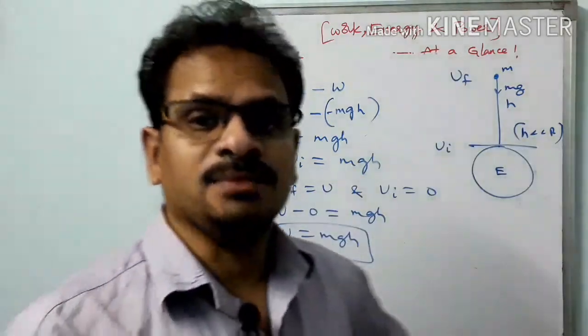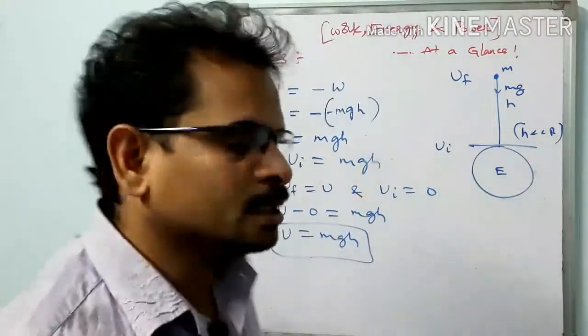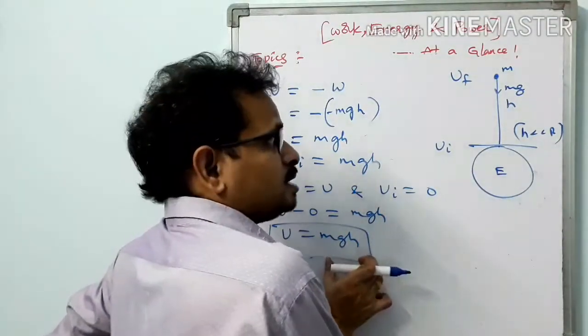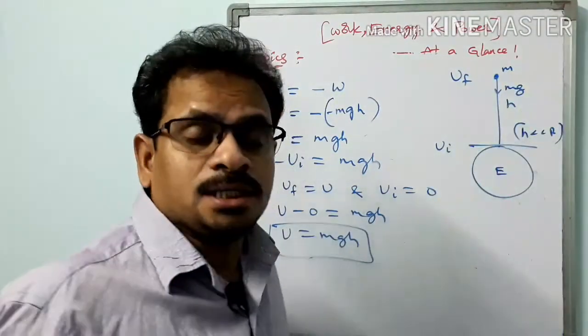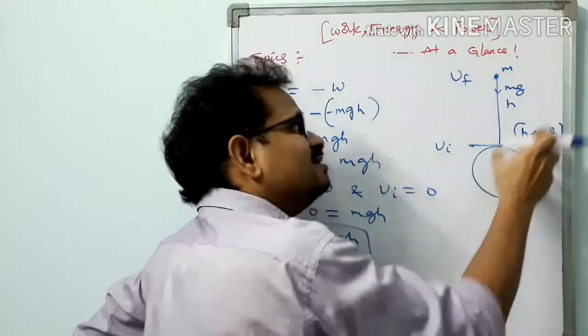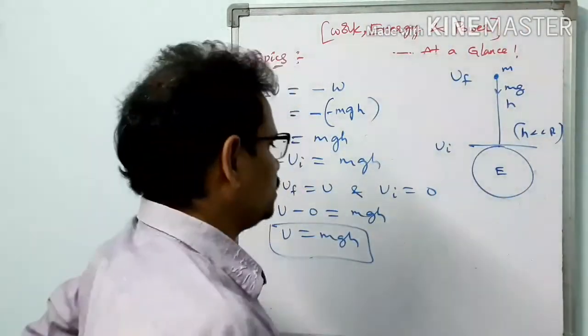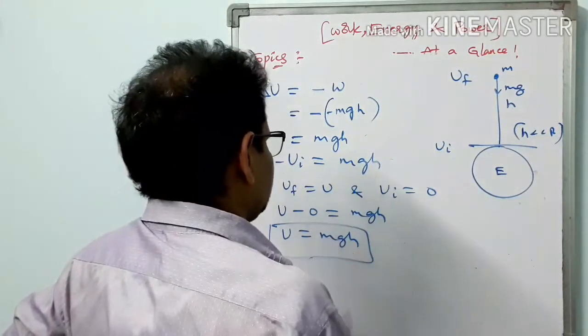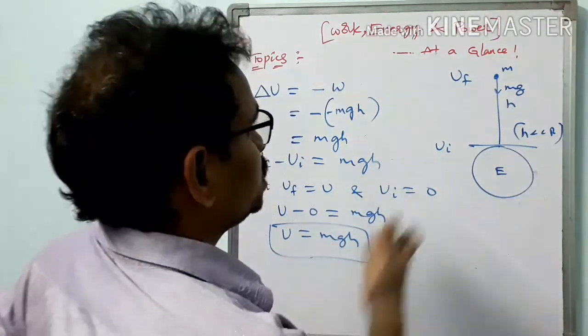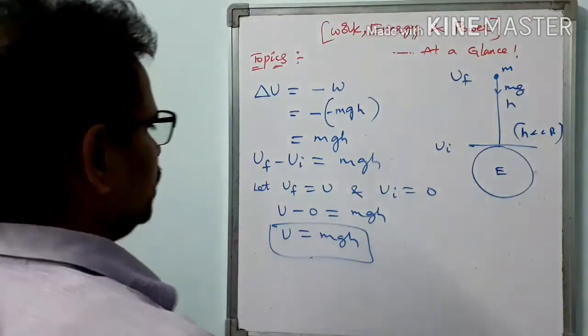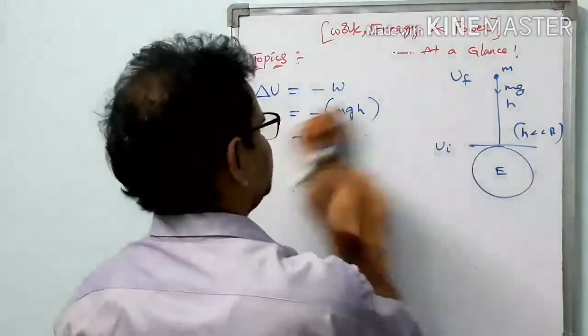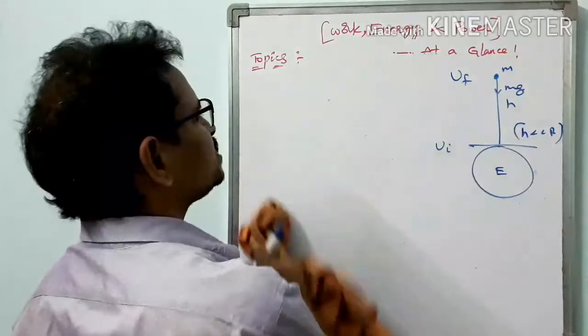It is mgh. But strictly speaking, this is not the potential energy of this mass alone, it is the potential energy of the earth and this mass as a system together. Got it? Here the potential energy is positive. And potential energy depends on the reference line.